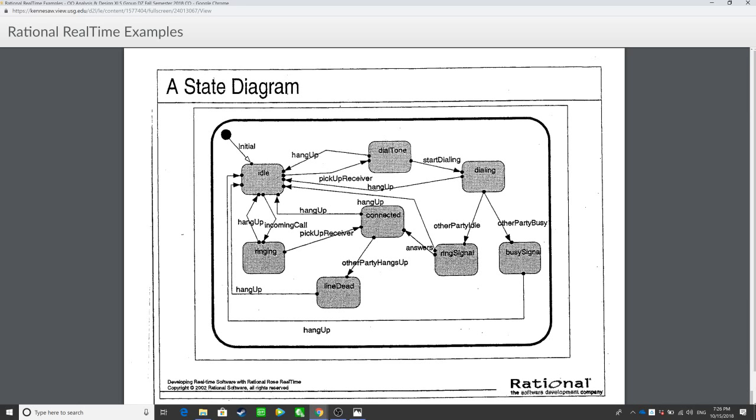But when it's in the dial tone state, or if what happened is hang up, it goes back to the idle state. It's something easy to understand. Something happened, it triggered something else.